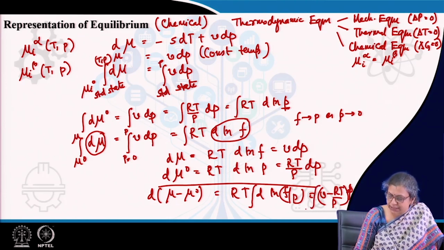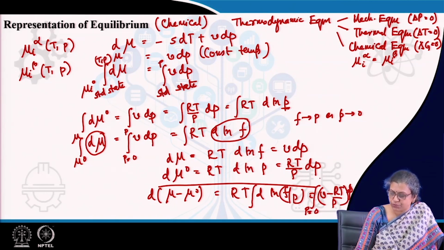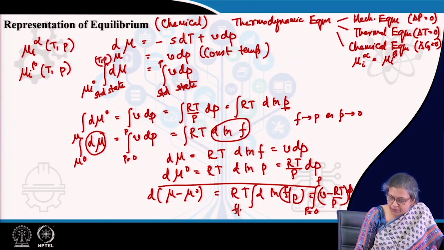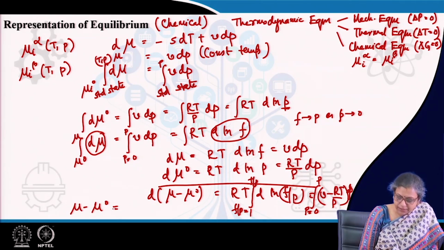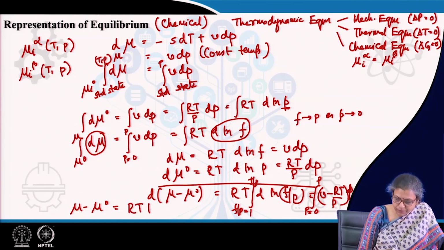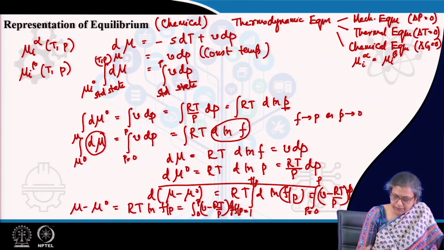Under what condition does that happen? When P equals 0. On integrating, we can write mu minus mu 0 equals RT ln F by P, which equals the integral from 0 to P of V minus RT by P dP.